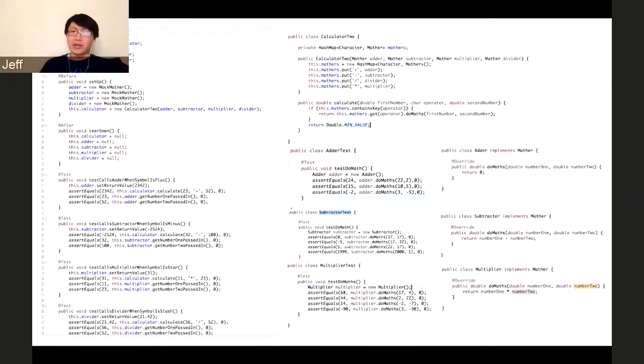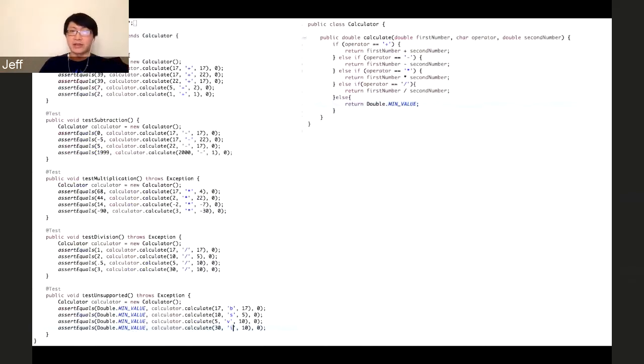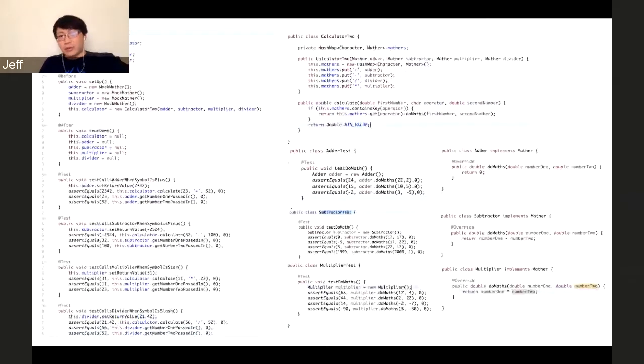But at the same time, when I thought about how I would do this, it is a bit overkill for 4 operators to have this discrete interface and a bunch of implementations of it.